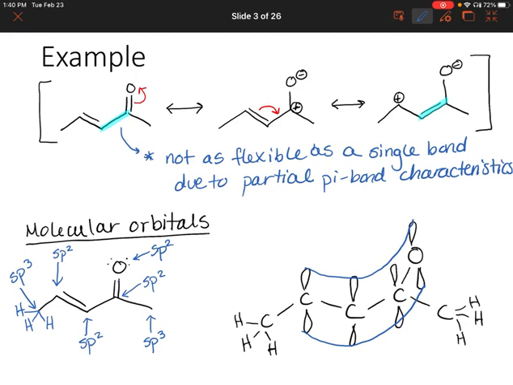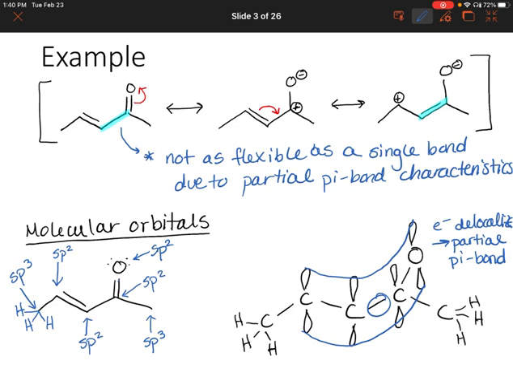All right, so again, this is all coming from first quarter of OChem, so it's okay if you feel like you haven't seen this in a while. But again, the electrons will delocalize, and that's where the partial pi bond characteristics come from for that middle bond.